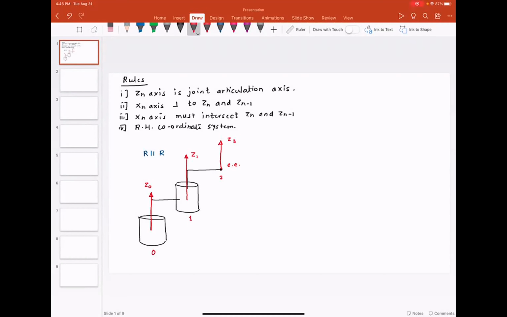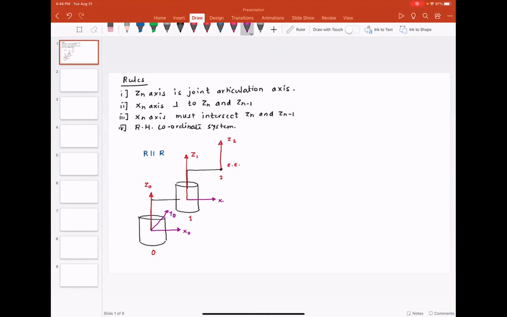So if you don't have any constraint, I would recommend make sure that the frames are aligned. Then there is no constraint on X0, but I'm just going to have my X0 over here. And right hand coordinate system, X, Z, so I have Y. So this is going to be my Y0. And this is exactly what we did in last class.